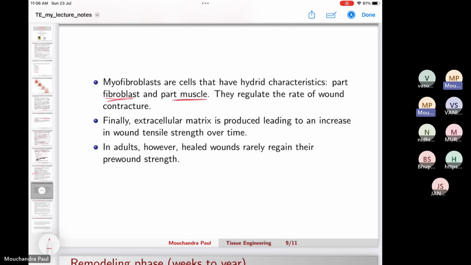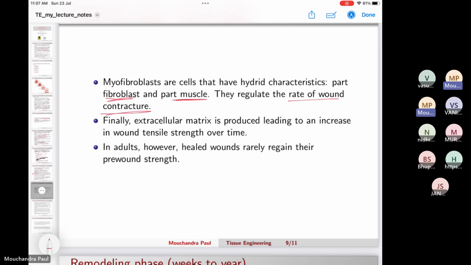Like muscle, they can contract and relax, and like fibroblast, they are able to secrete the ECM components, the main ECM component of skin, like collagen, etc., and fully form the dermis layer. So they regulate the rate of wound contracture.